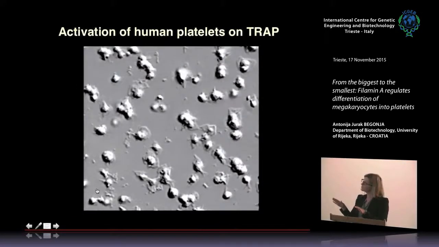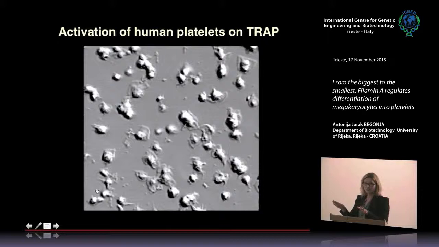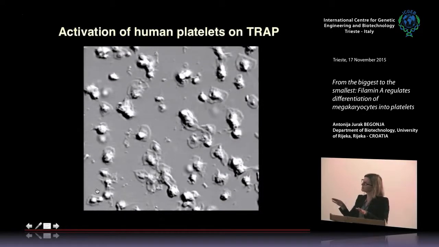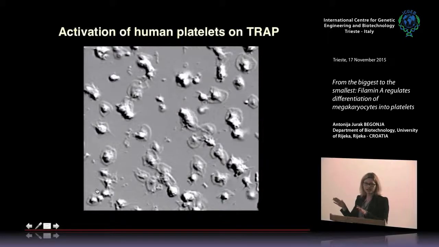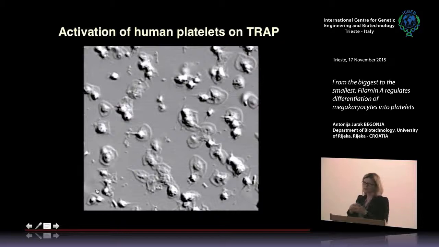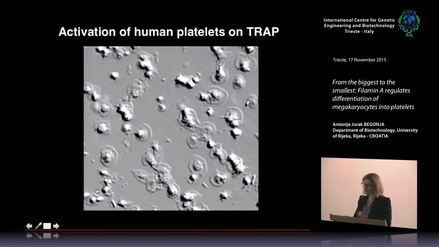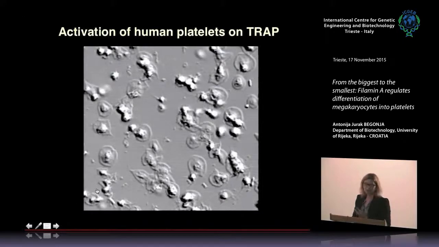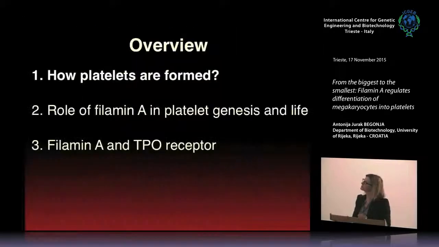Their surface increases, and they really seal and cover the surface, making this broad lamellipodia. These are really like band-aids, and you can imagine how they cover vascular injuries very nicely. So these are quite remarkable cells, although they do not have nuclei.